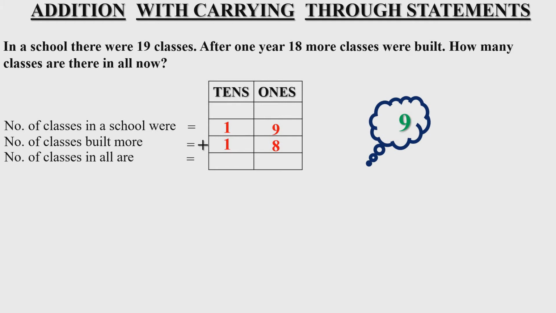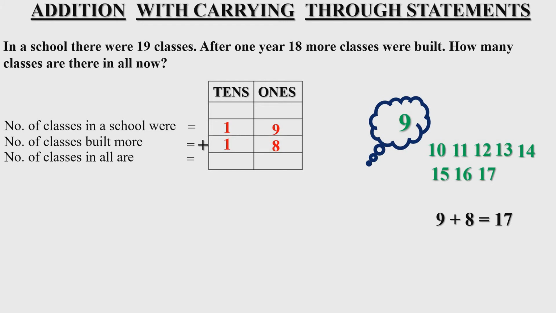Means आपको अपनी 8 fingers open करनी है और उन 8 fingers पर आपको 9 से forward, 9 के just after 10 से counting start करनी है. उन्हीं 8 fingers पर 10, 11, 12, 13, 14, 15, 16, 17. आपके लास्ट फिंगर पे 17 नंबर आया होगा. It means 9 plus 8 is equal to 17.